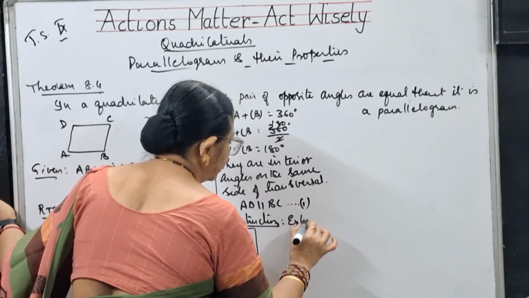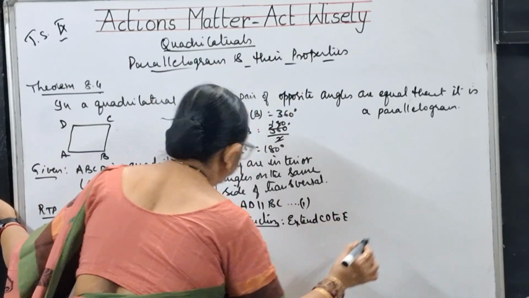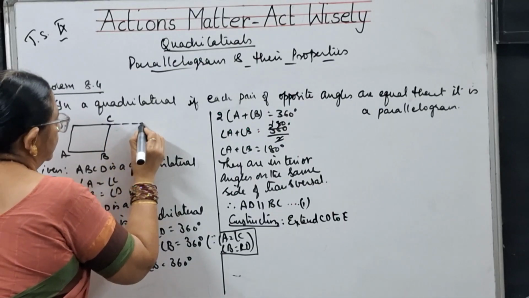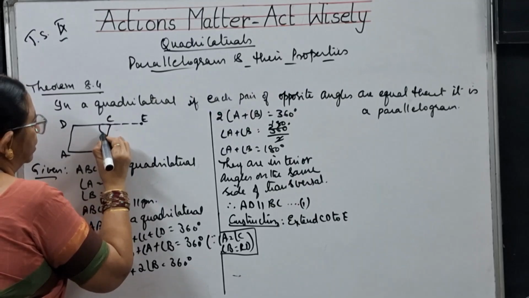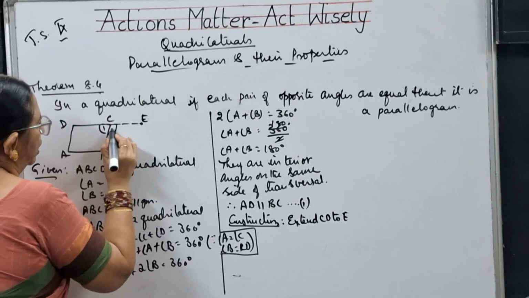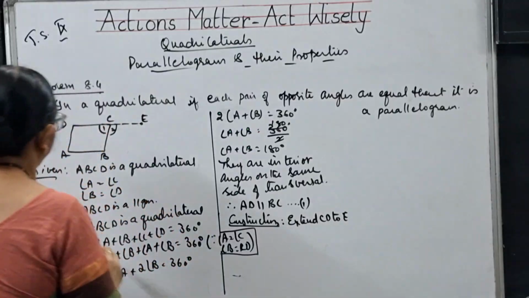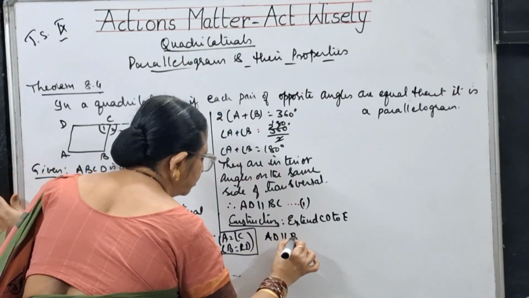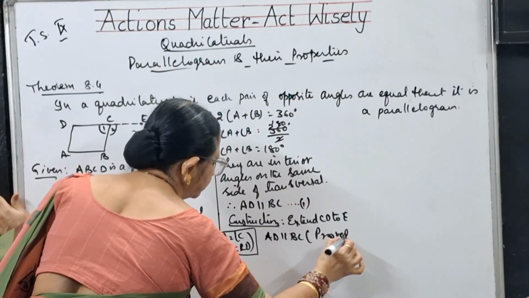So here, for the second proof, the construction that I want here is extend CD to E. So when I extend CD to a point E, I am getting two angles here. I am taking it as angle 1 and angle 2. So when you are extending to E, we know that AD is parallel to BC. This we have just now proved.